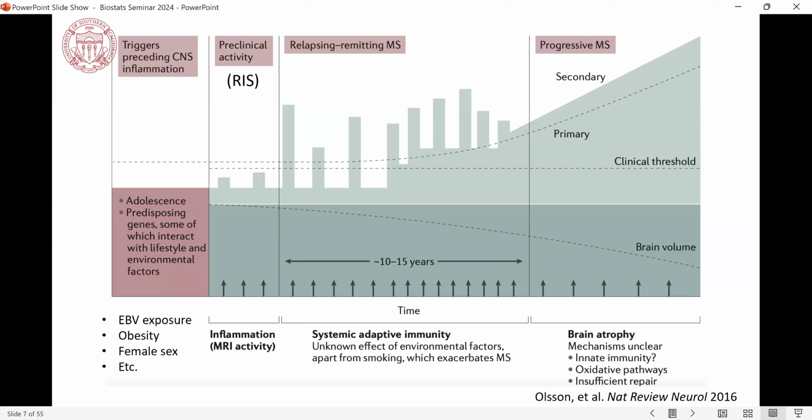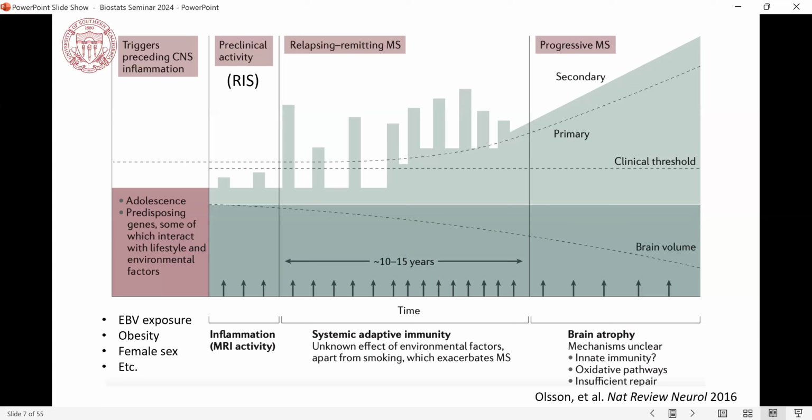However, because MRI is not used as a routine screening for MS, we can't find it. The only RIS cases come from healthy controls who come in for research because their sibling has MS, or who come to get a scan for a headache or other reason, and accidentally those RIS patients are identified.